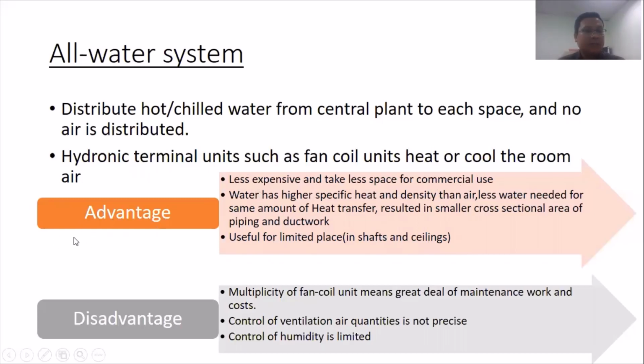But it also has disadvantages. The first one: multiplicity of fan coil units means a great deal of maintenance work and cost. As we know from the diagram we saw before, there is so much equipment to construct, and every piece of equipment has a function, so we have high maintenance.